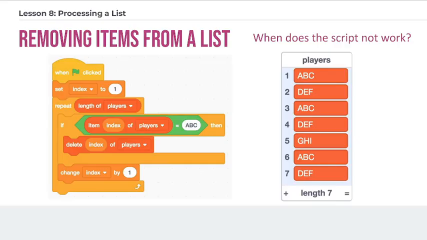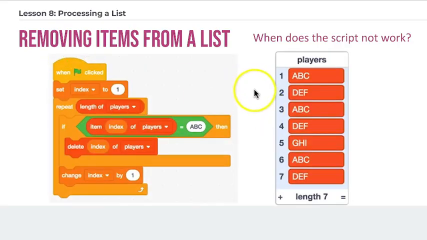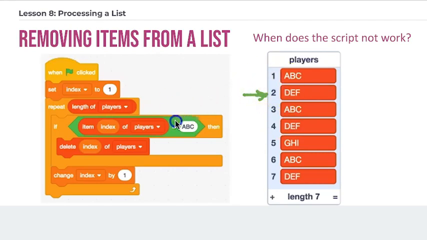Well, we saw that the script actually doesn't work in situations where the item that we want to remove is currently sitting at item 2, like this guy right here, okay, this DEF. When we switched to remove DEF rather than ABC right here, DEF was at spot 2, okay? It was also in spot 1, by the way.